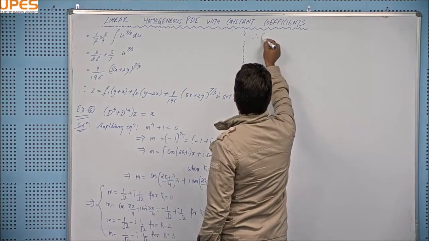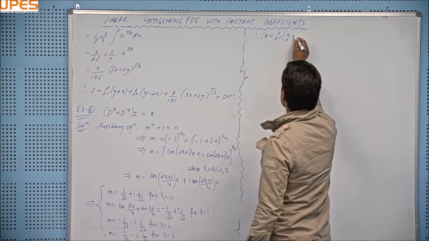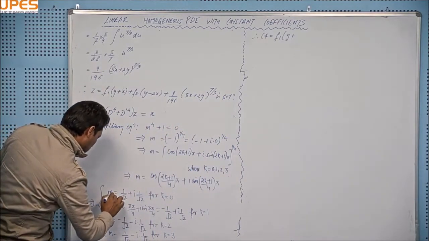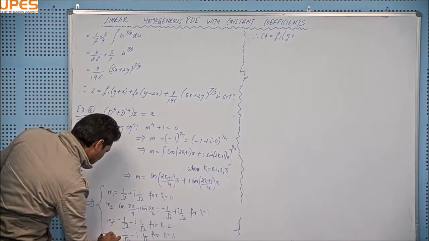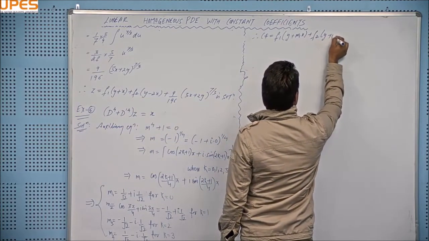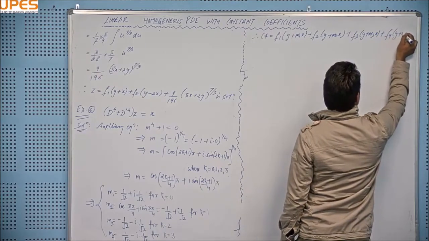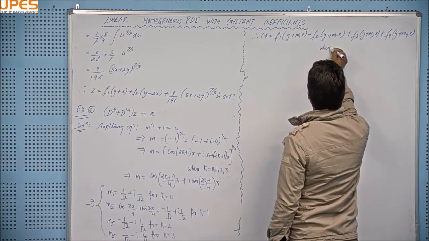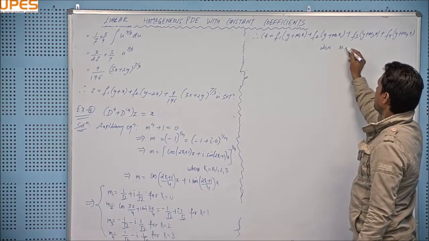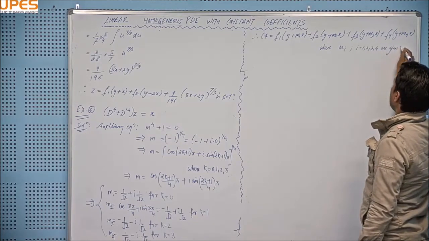Therefore, complementary function is equal to f1 of y plus m1x, f2 of y plus m2x, f3 of y plus m3x, f4 of y plus m4x, where all m1, m2, m3, m4, I can write it as mi, i running from 1, 2, 3, 4, are given by equation number 1.